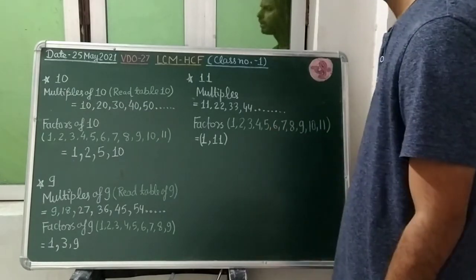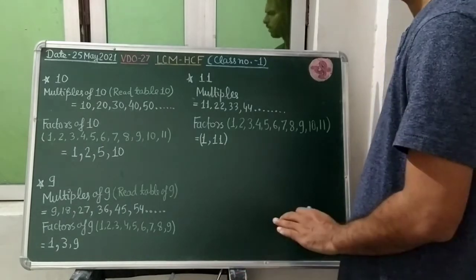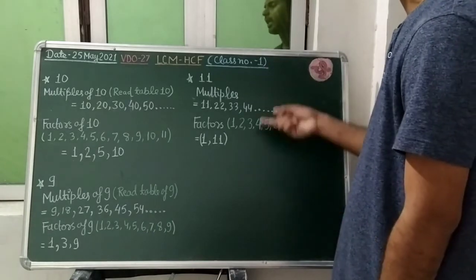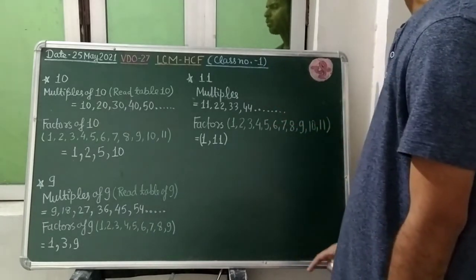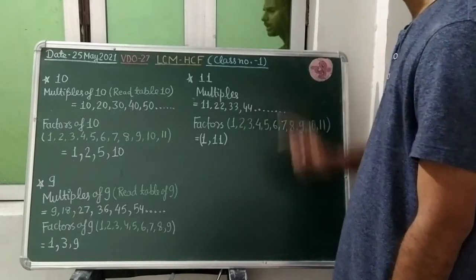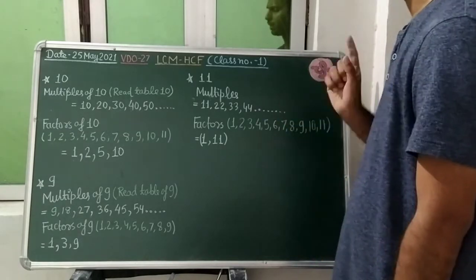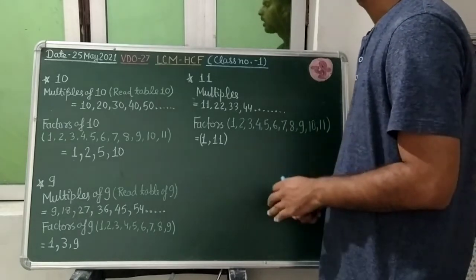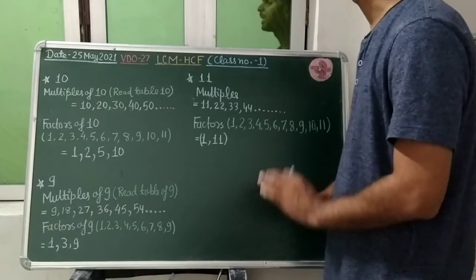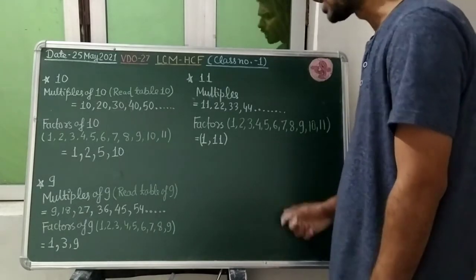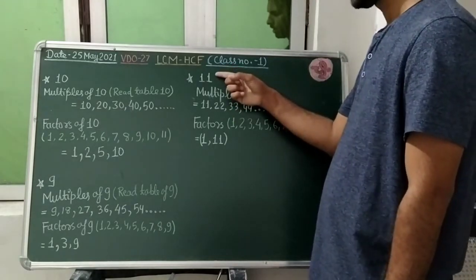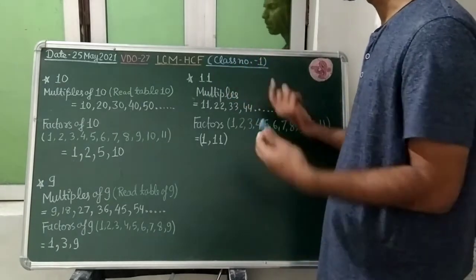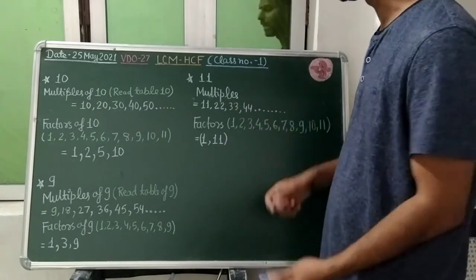I have talked about prime numbers 2, 3, 4 times. Prime numbers are those numbers greater than 1 which are divisible by 1 and itself. So you are looking, students, that 11 is a prime number, so it is divisible by 1 and itself only.